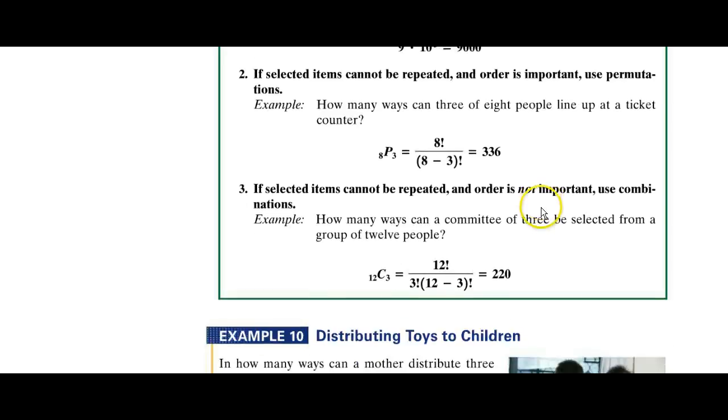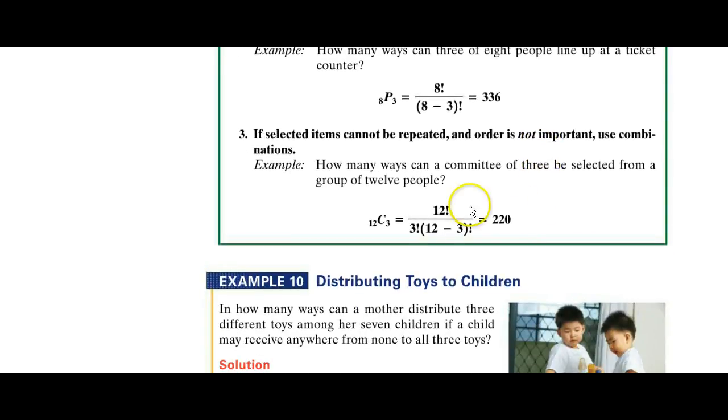And then moving on to item 3. If items cannot be repeated, and order is not important, we use combinations. Since order is not important, we're dealing with sets in a sense, or subsets.